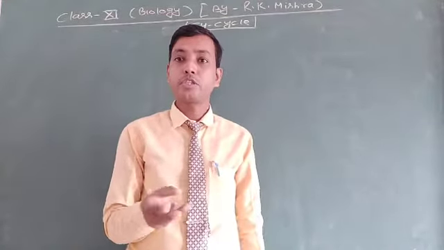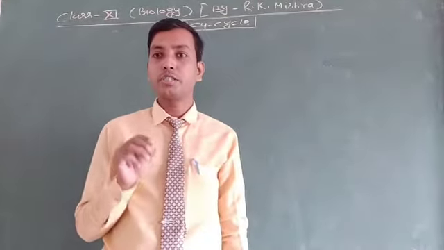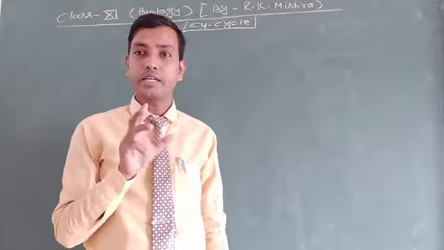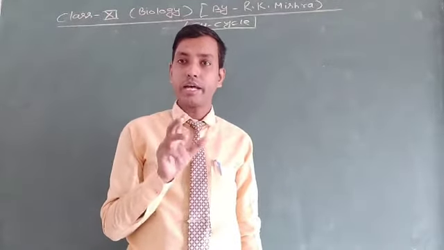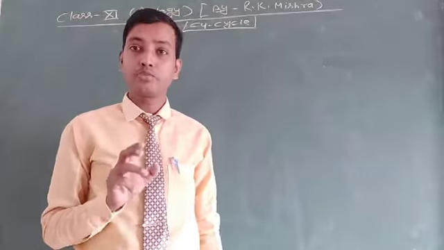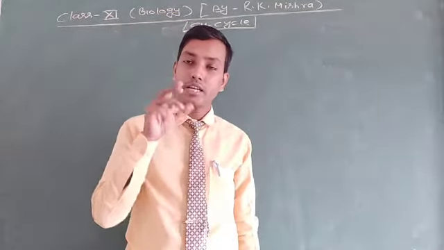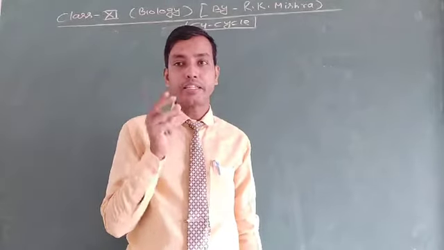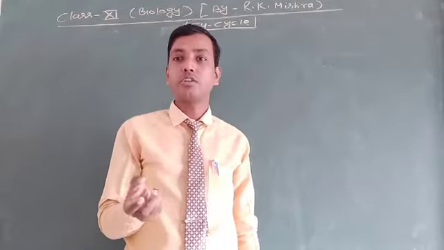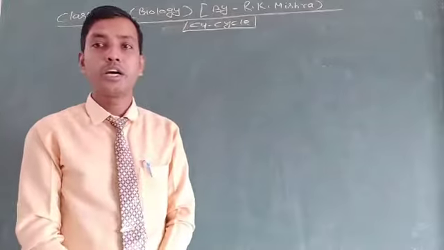So the problem is not for the plants, the problem is for the Rubisco enzyme. After getting much intensity of light and much photolysis of water, the much oxygen is released out from the grana, and that oxygen released from the grana can influence the activity of Rubisco enzyme.